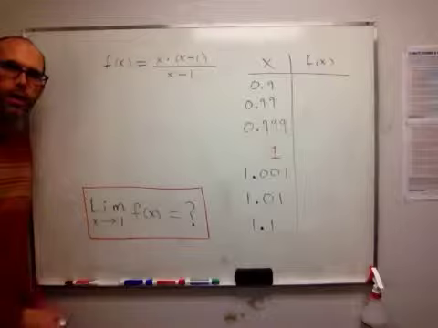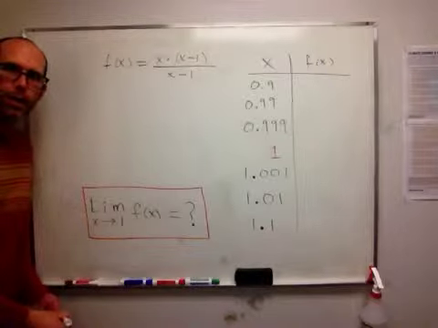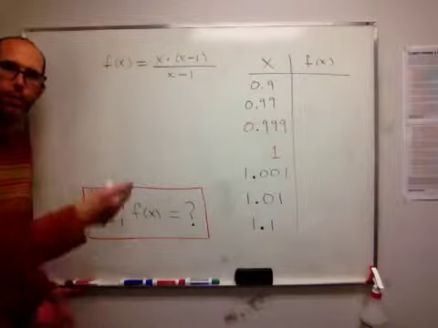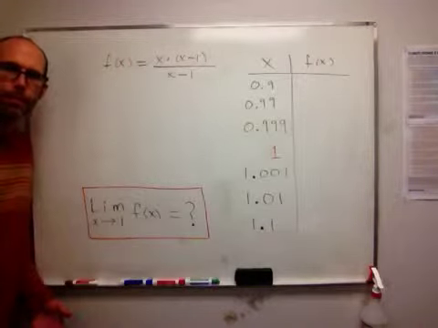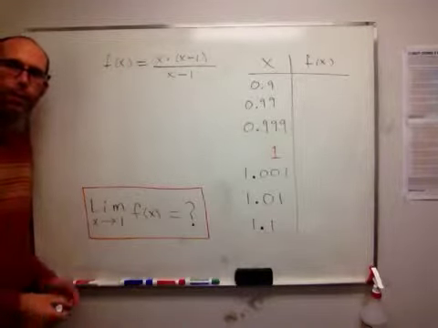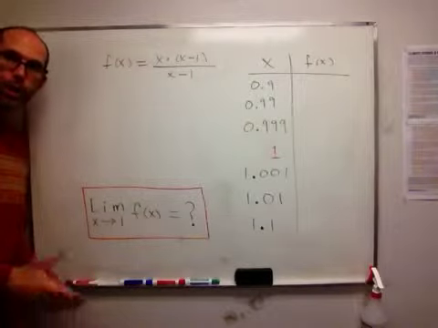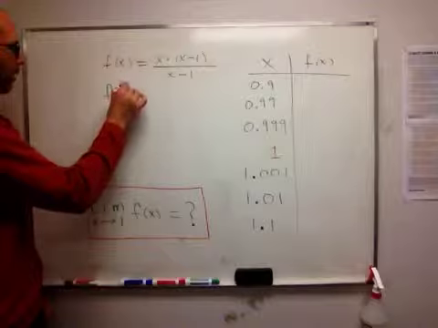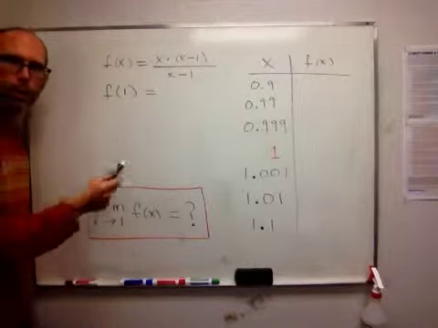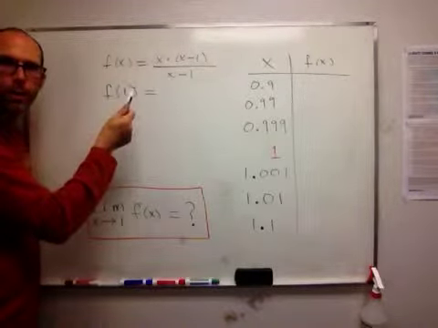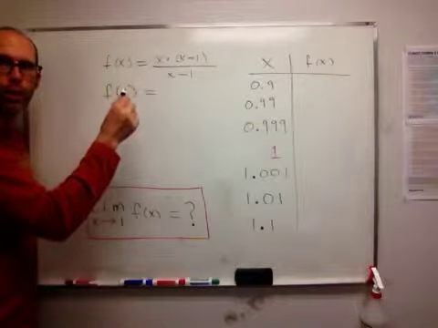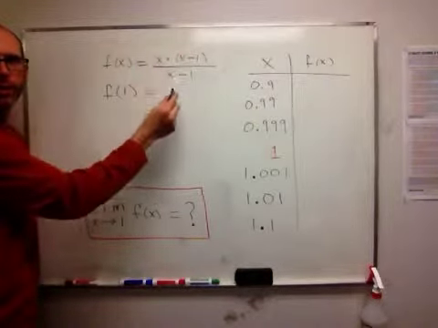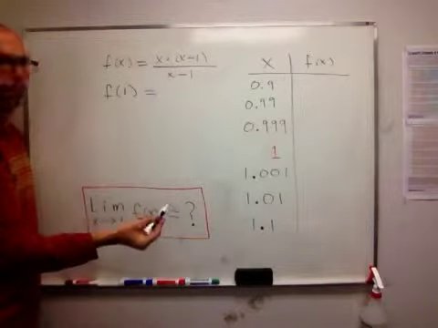Okay, so the first thing to notice about this is what can and can't we put into the function. Notice that if I put in a 1, remember, x is just a placeholder, so when you put 1 in there, you're replacing all of the x's in the formula with a 1.